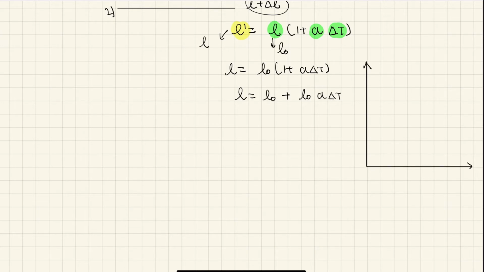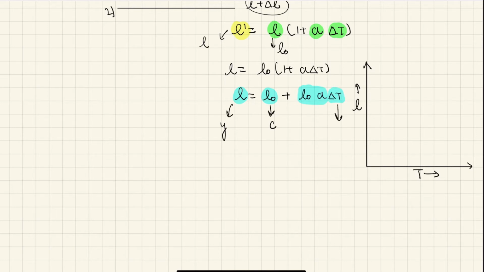So what you can see from here is that if I plot a graph between L and temperature T, something very interesting is going to happen. If you observe this expression carefully, this L is your variable, so I can write it as Y. And here your L naught is a constant, so I can write it as C. Again, L naught alpha is a constant, and delta T is your next variable, right?